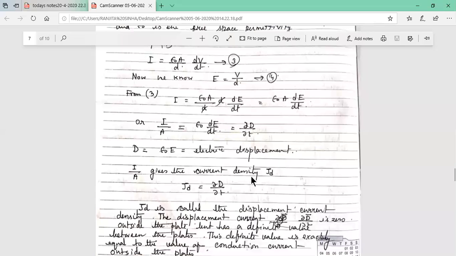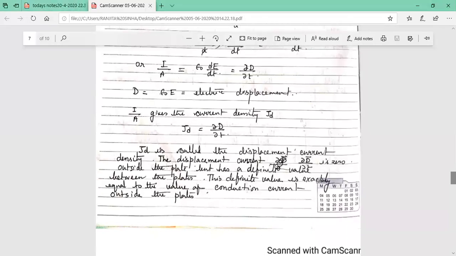So the JD expression is given by del D by del T. Now this JD is called the displacement current density, and that is equal to del D by del T. This is very important, so understand it very carefully.